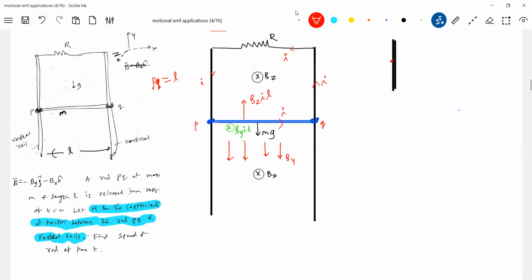I'll try to give the diagram. Okay, at P or Q, let me take anywhere at P or Q. So there's the rod, no?